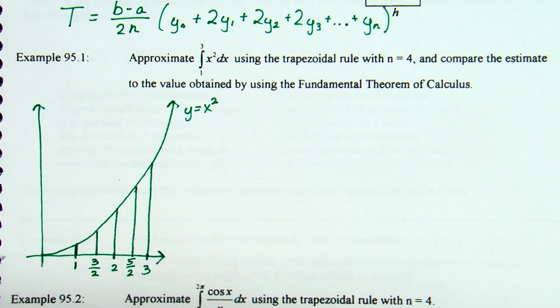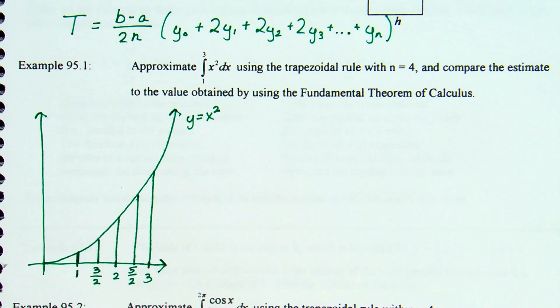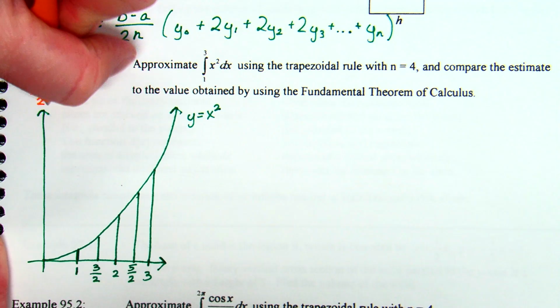Now, we were able to pretty easily find that each interval would be 1/2 wide, right? In a more difficult problem, you could use the b minus a over 2n to find the width of the interval for you. So if I check that with you real quick, b minus a over 2n.